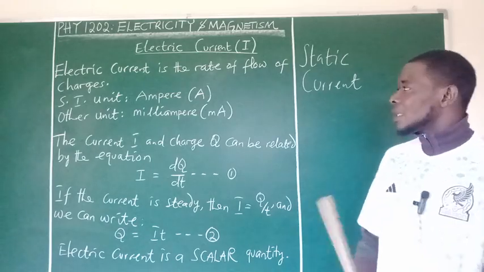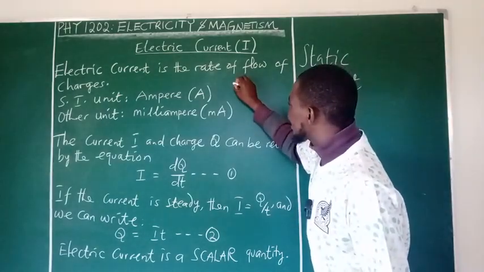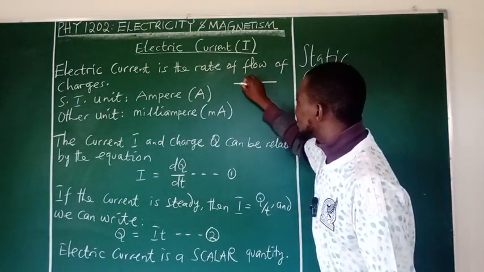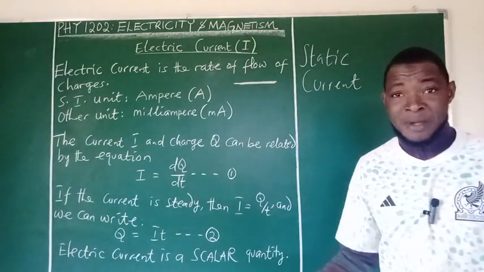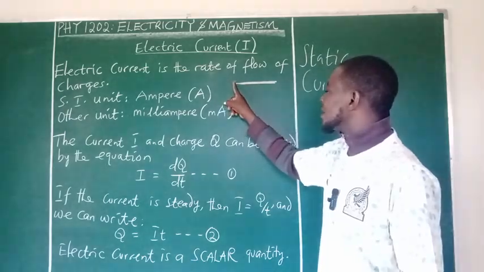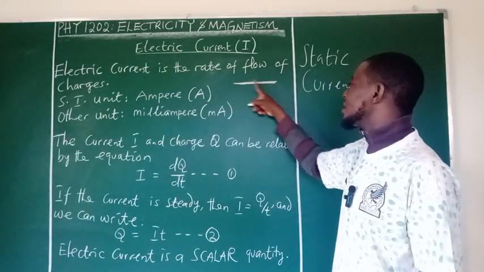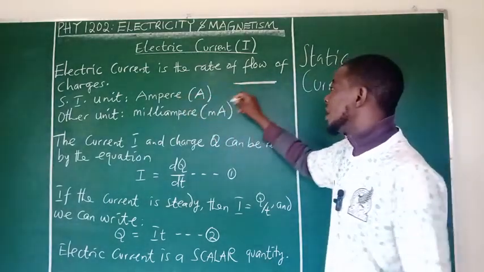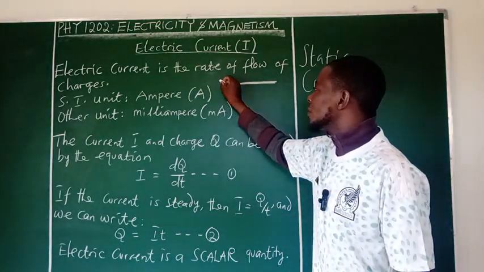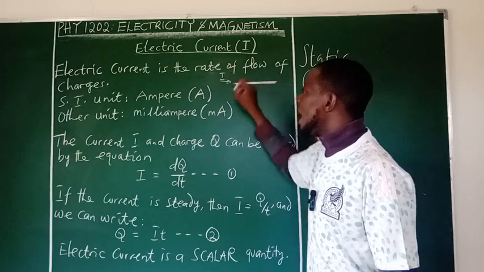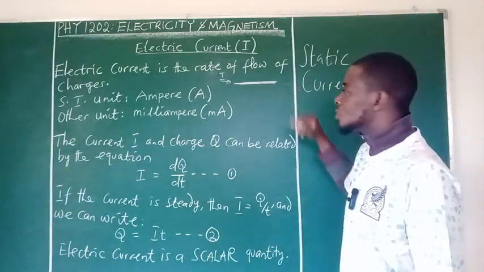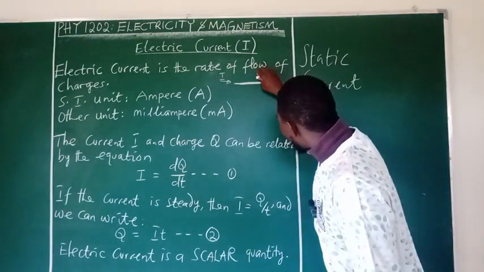in 1 second. This means if I have a conductor, let's say a metal wire, and electric current flows whether in this direction or in this direction, I'm going to assume that it flows in this direction. Electric current flowing through the conductor. Let me take a point here.